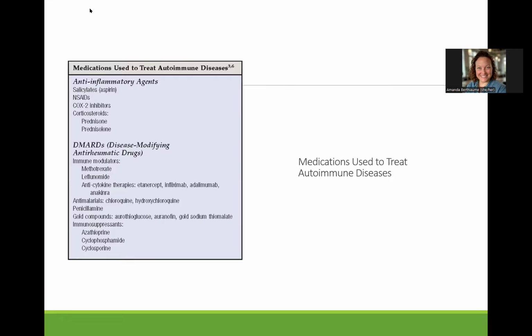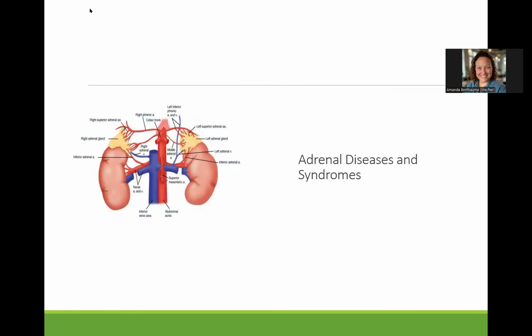But almost all of these can cause dry mouth. So anytime my patient has an autoimmune disorder, I'll ask them, are you experiencing, or how often do you experience dry mouth?